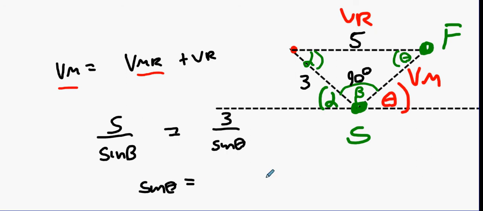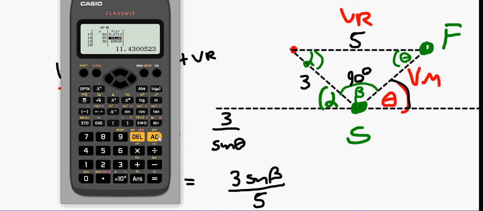If you can't remember it on the day, 3 sine beta. You want theta on its own and you want to maximize theta, correct? So 3 sine beta over 5. Now, if you go to your table function on your calculator, and instead of writing tan theta, you do sine theta instead, what you realise is that sine theta has its largest angles the bigger the angle is.